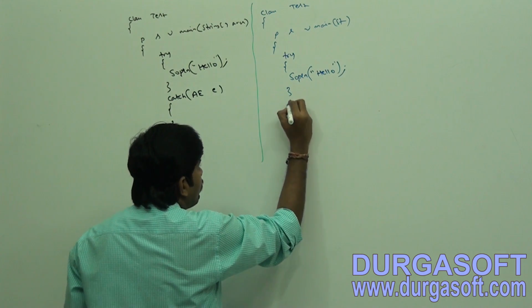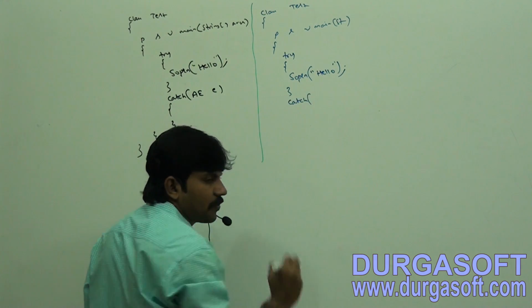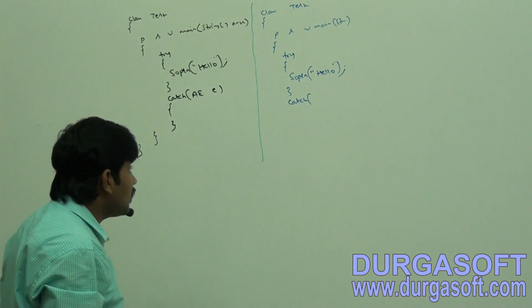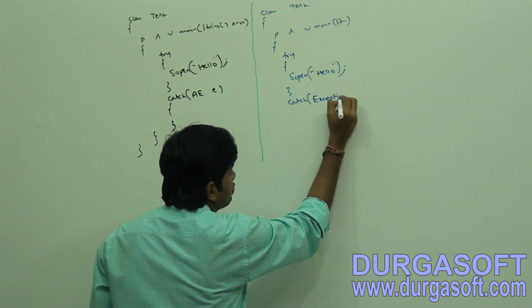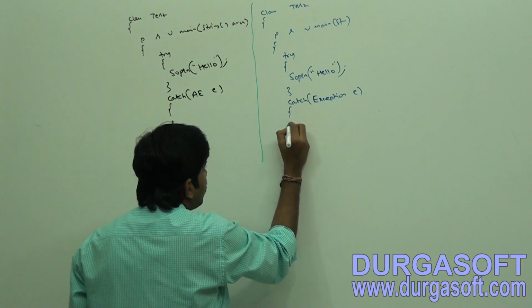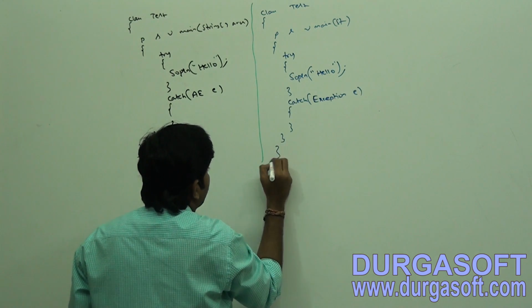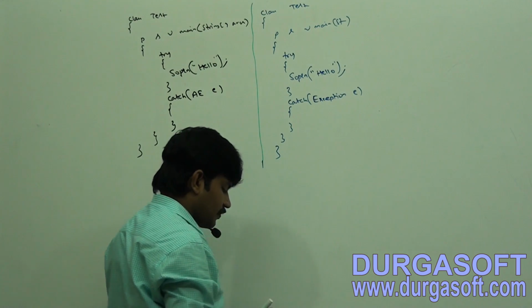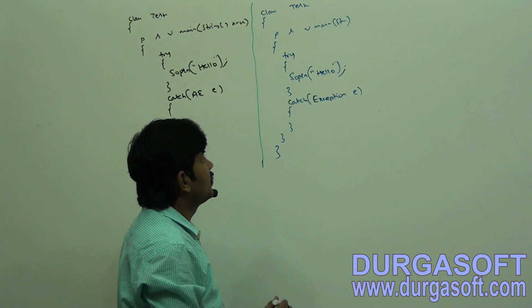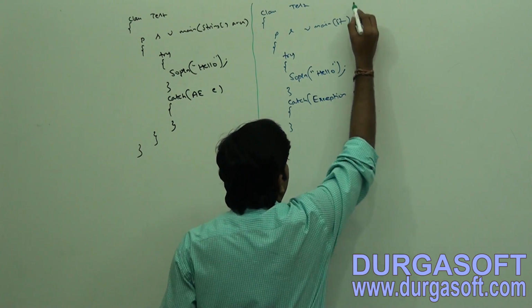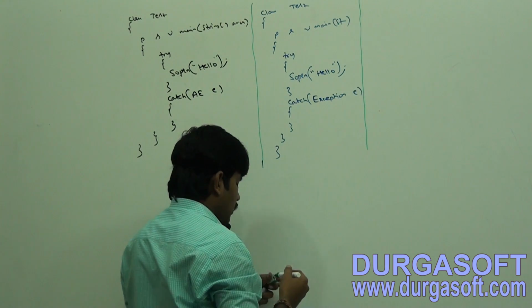Catch, instead of ArithmeticException, now I am simply taking Exception e. End of the main, end of the class. Now the second possibility is also completed, right? Second example.